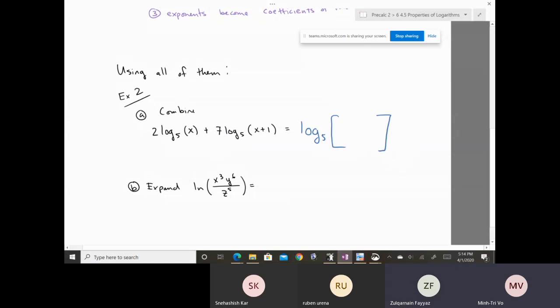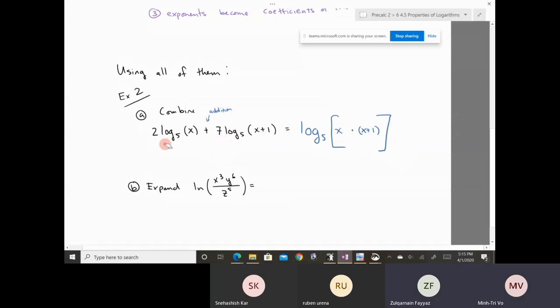Okay, so you put it into a single log, and what should go inside the log? So I have an x and an x plus 1. And then the operation here is addition. So how does addition change? It changes to multiplication. Okay, so that goes there and there, and then the coefficients.